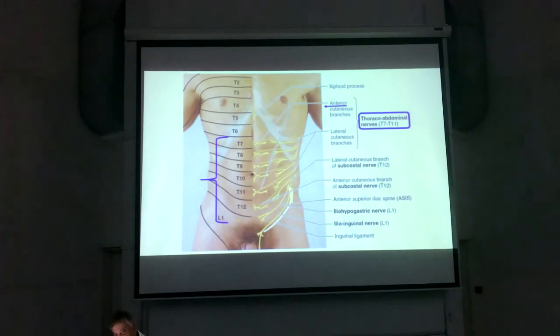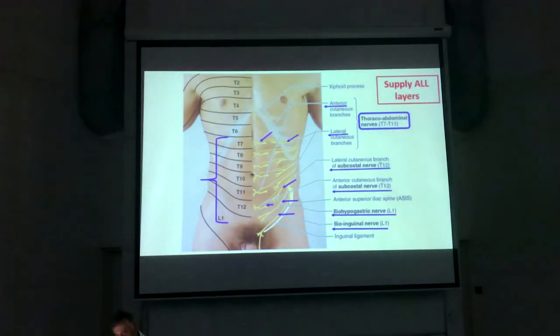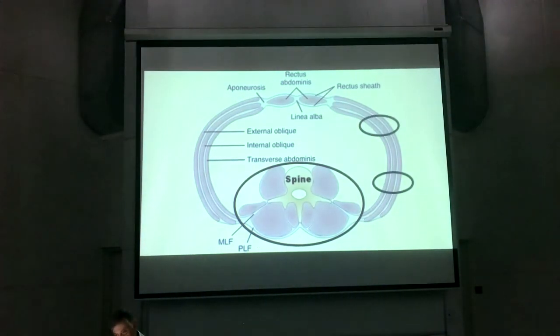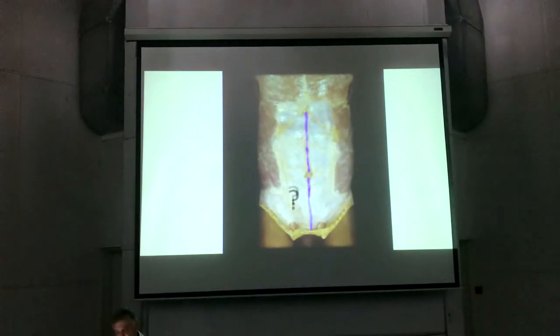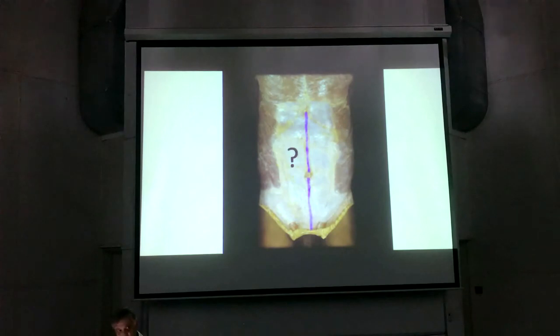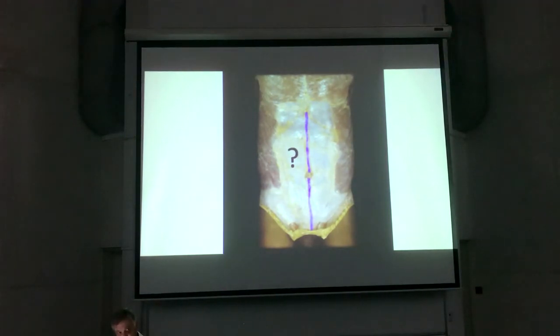Nerve supply is from the lower 7 intercostal nerves, the anterior and the lateral, and there is a special arrangement anteriorly, the rectus sheath. Now, I will continue the formation of the rectus sheath next lecture.